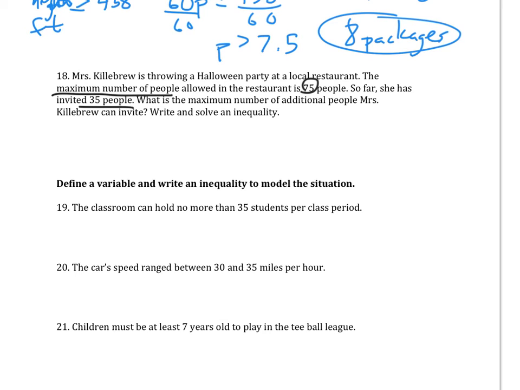The first keyword I saw was maximum. So if I'm writing an inequality, maximum means, well, I can't go over 75. 75 is the max. So it has to be less than or equal to 75. So I need the people to be less than or equal to 75.